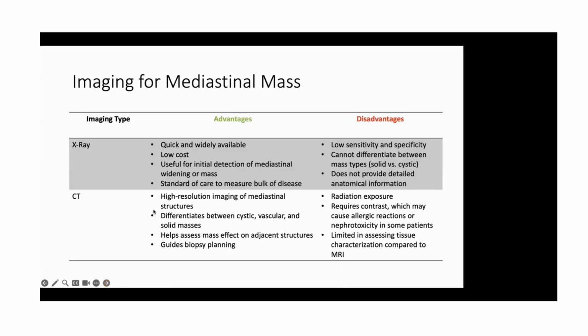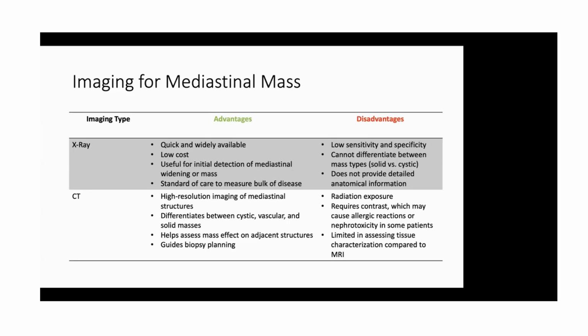So the next step is the CT. Which advantages? Again, it is widely available in many LMICs. It's high-resolution imaging for mediastinal structures. It helps to differentiate whether this is a cystic, vascular, or solid mass. It helps to assess the mass effect, and this is very important whenever we are planning to do a biopsy. Disadvantages, again, there is radiation exposure, and we should remember this.